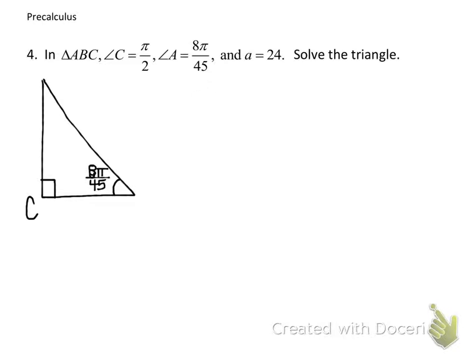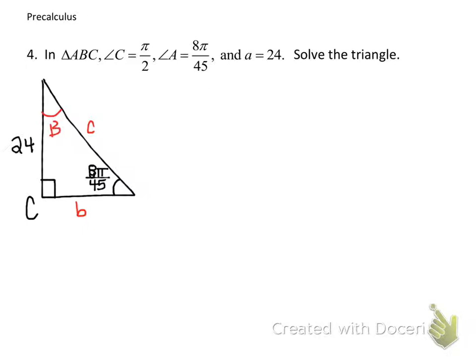And that's our measure A, and then our side across from that is 24. So what we don't know is side C, side B, and angle B.